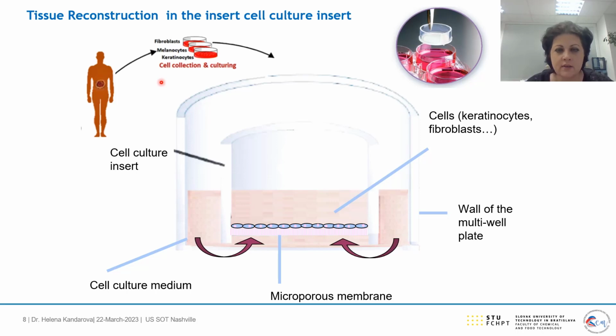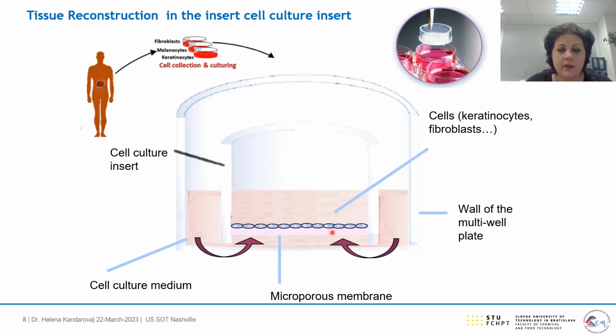A cell culture insert is a very simple system, usually constructed from polystyrene, and it has a semi-permeable membrane that can be polycarbonate or Teflon. And through the microporous membrane, there is an inflow of the cell culture media that contains growth factors and some other components that support the adherence and the growth of the cells in the system.